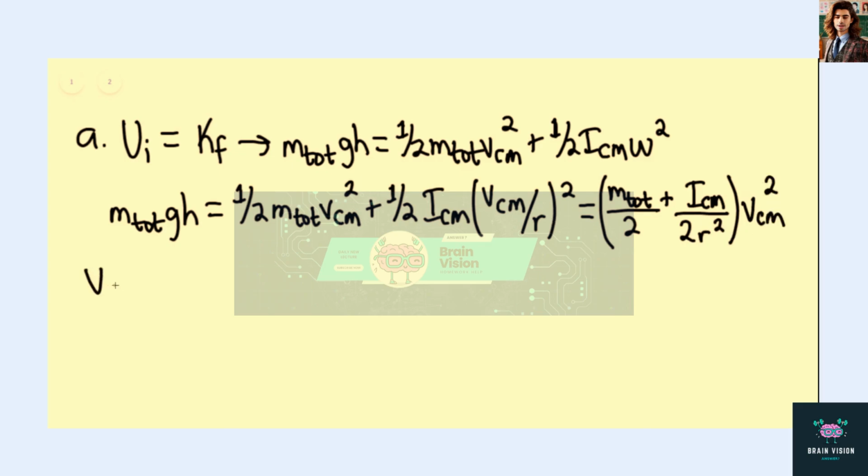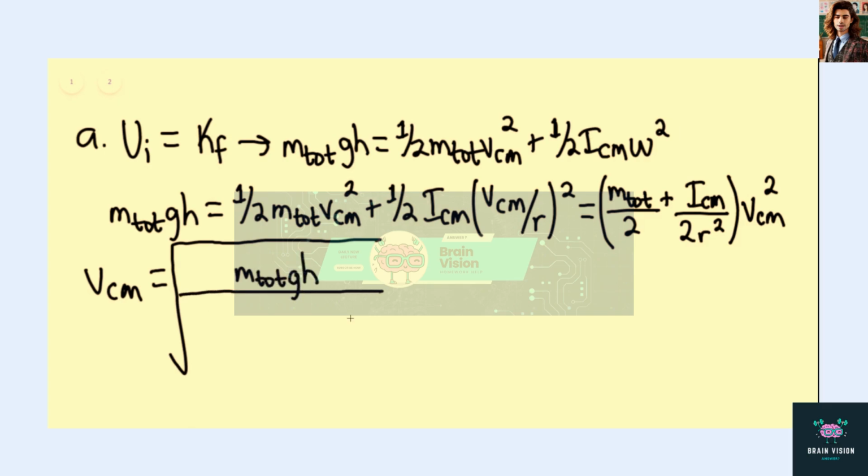So the velocity of the center of mass will equal the square root of the total mass multiplied by g times h, divided by 1/2 times the total mass plus the moment of inertia through the center of mass over the radius of the inner hub squared, and we can solve.